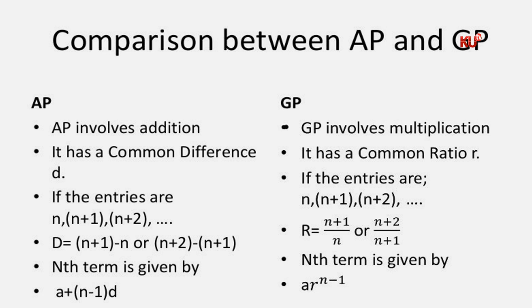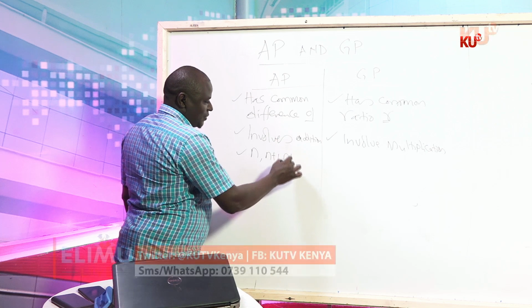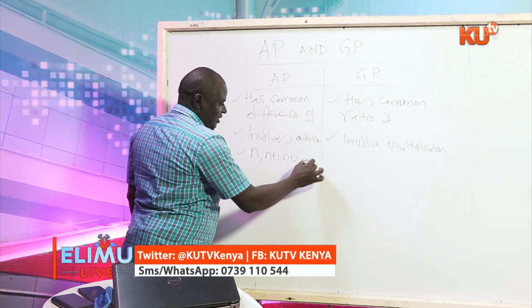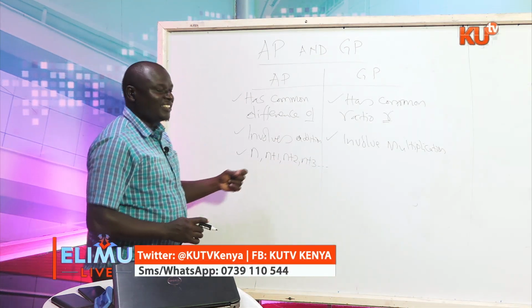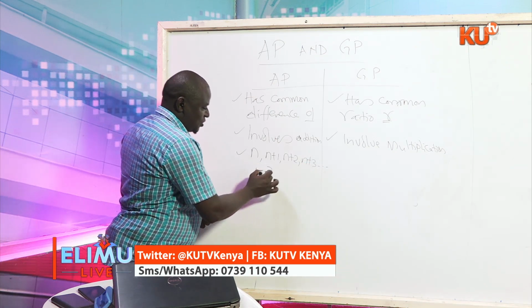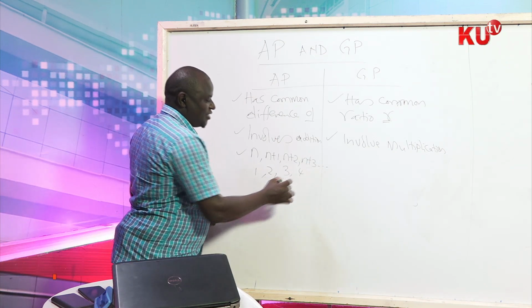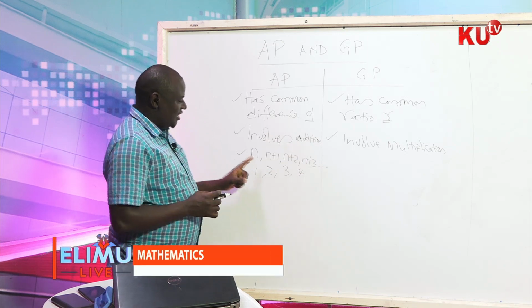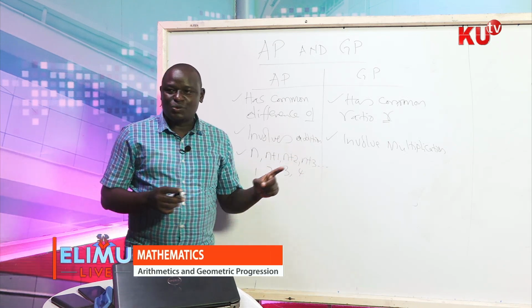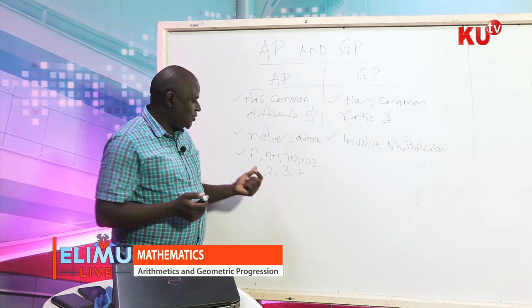So if you notice that, then the other difference that we can also discuss is that if you have a list of numbers, and I want to list these numbers because this is very important for us to understand. If you have a list of n plus 1, n plus 2, n plus 3, and so on, meaning, for instance, 1, 2, 3, 4, this is what I'm listing. So in case I'm saying n plus 1, n plus 2, you shouldn't get worried about what I'm talking about.